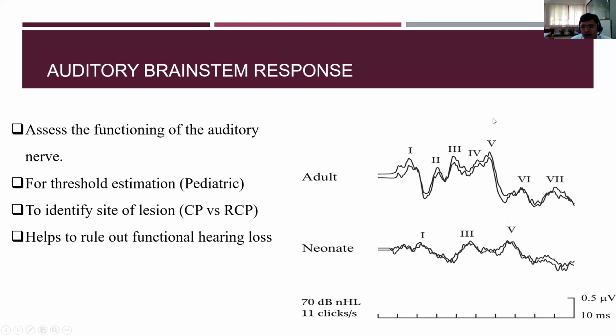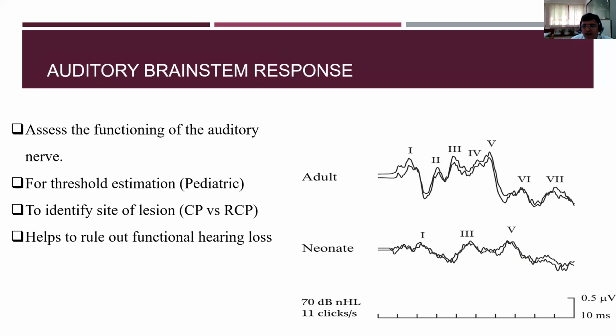Otherwise, the typical utility of this test is in identifying the site of lesion. That is, if there is any tumor, CP-angle tumor, or any acoustic neuroma, what is the size and location, depending upon which the response varies.